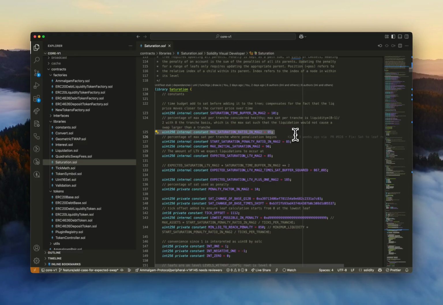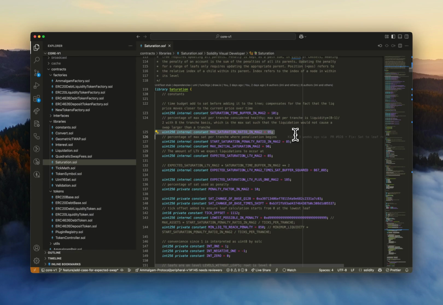So we look at that rate, and then we figure out how to charge these tranches that are in this penalty zone enough to compensate the liquidity providers.